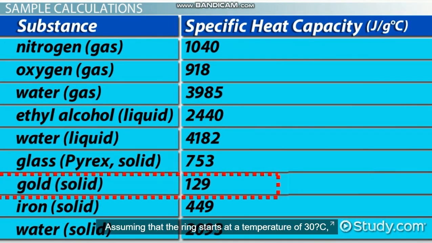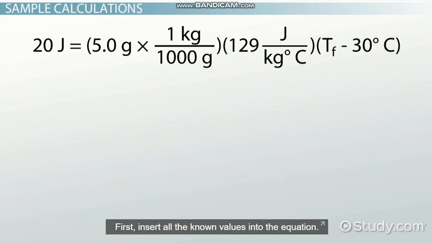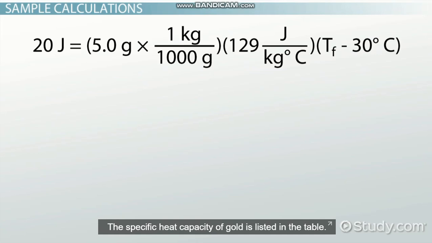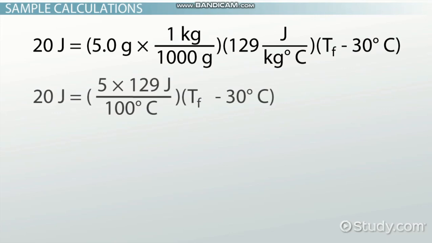The specific heat capacity of gold is listed in the table. 20 joules of heat equal 5 grams times 1 kilogram per 1,000 grams times the specific heat of gold, 129 joules per kilogram degrees Celsius, times the change in temperature, T final minus 30 degrees Celsius.